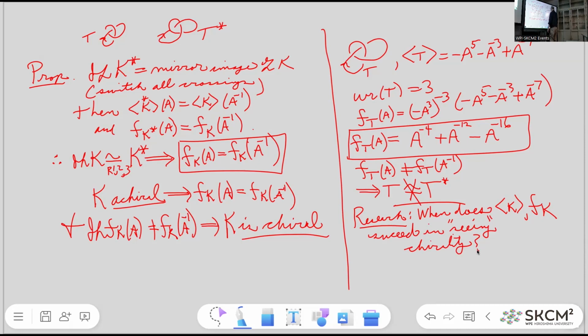There are knots that are chiral that are not seen to be chiral by the bracket. But I don't understand a good theorem. I would like a theorem that says, under some circumstances, it will succeed, or this is the only way that it fails to succeed, but we don't understand that. In general, we don't understand how to completely classify which knots are chiral and which ones are not.